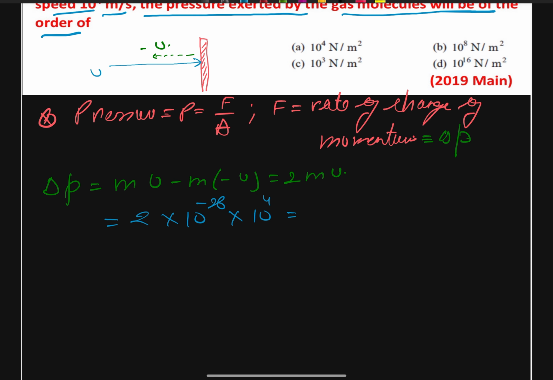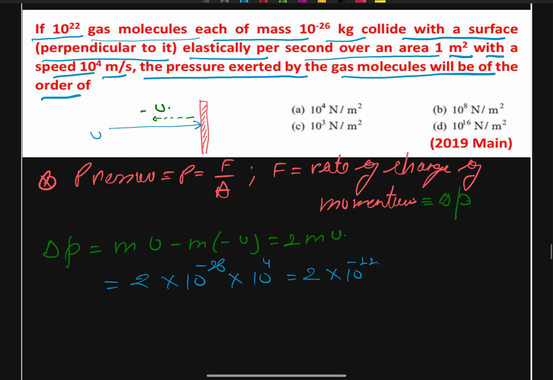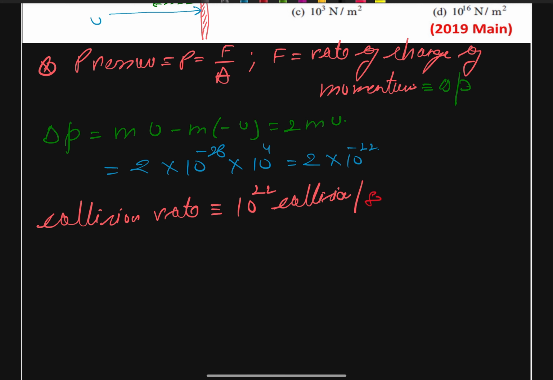So this comes as 2 into 10 to the power minus 22, and we are given the collisions per second, so we can say the collision rate is given to us. Therefore the collision rate is 10 to the power 22 collisions per second.